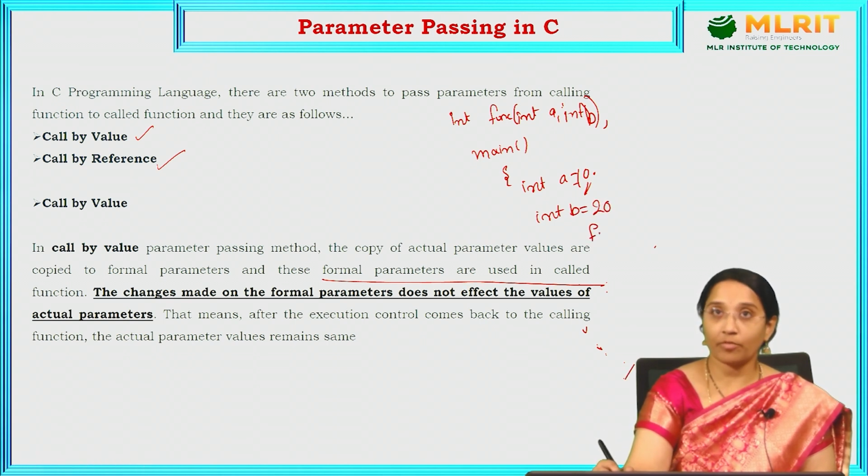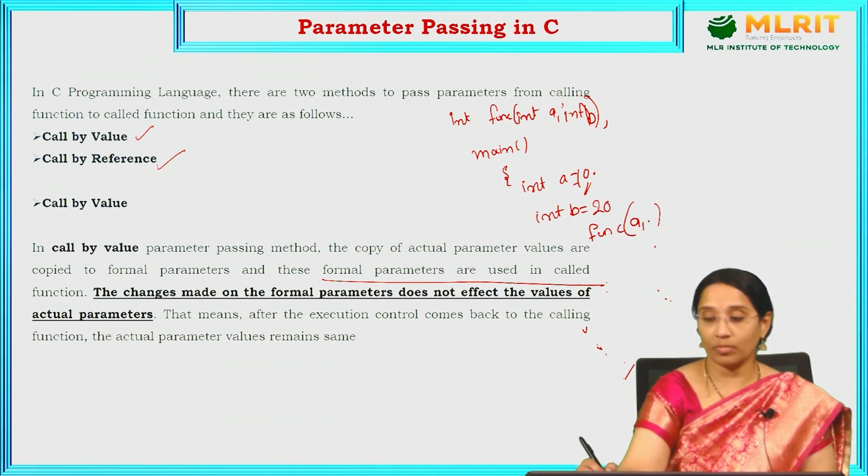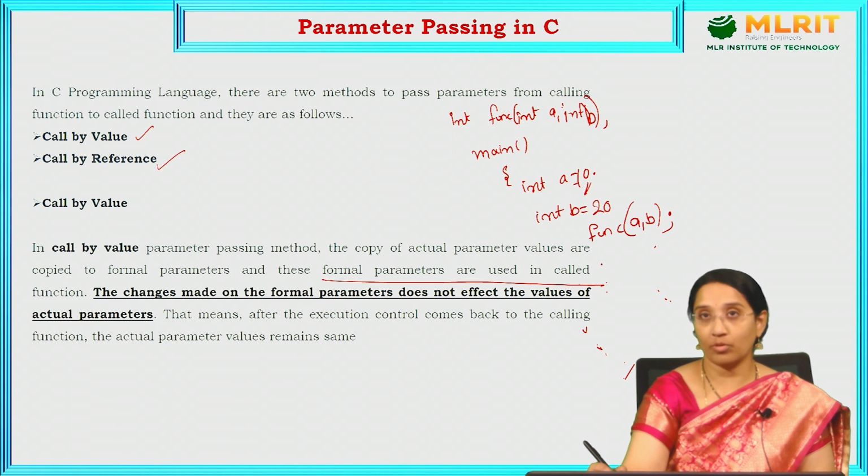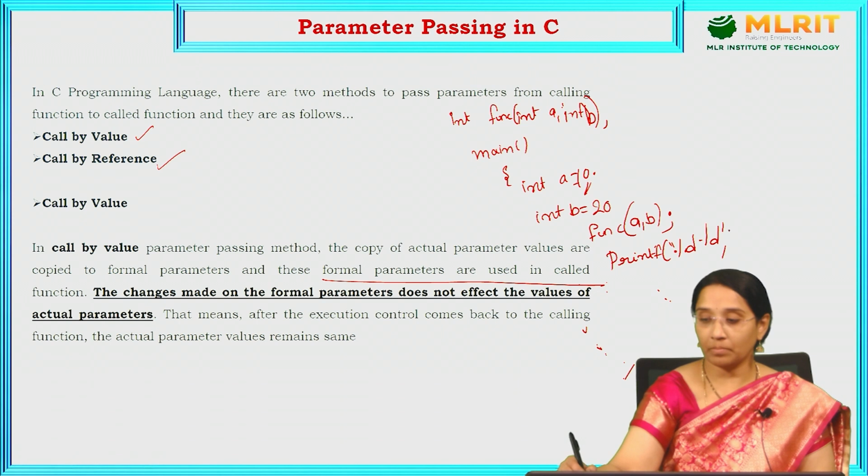The function is func, and we pass a comma b, the values of the actual parameters. Then printf percent d comma a comma b.